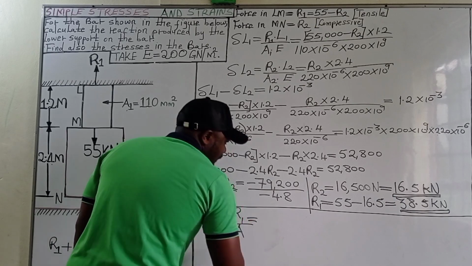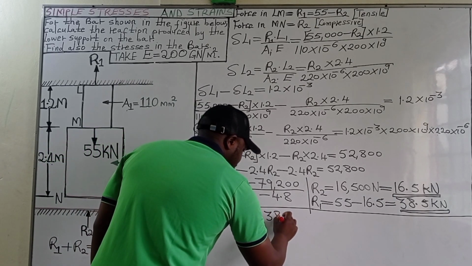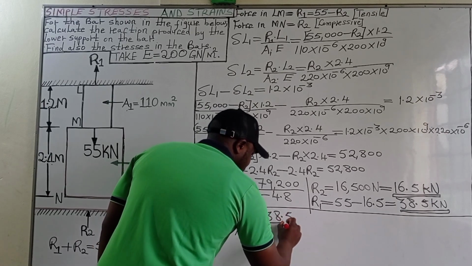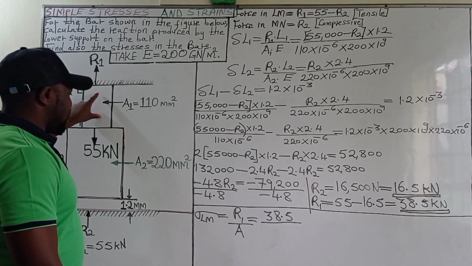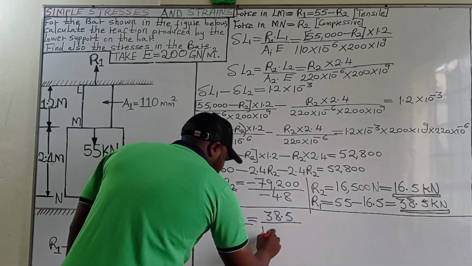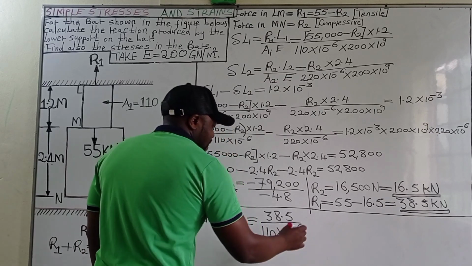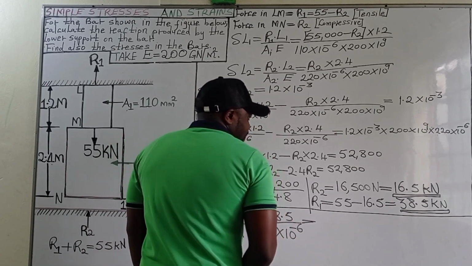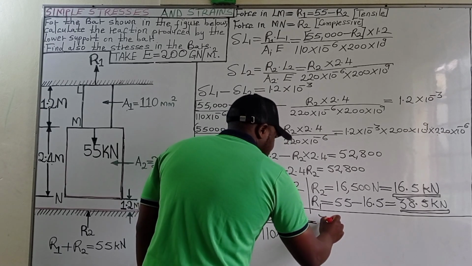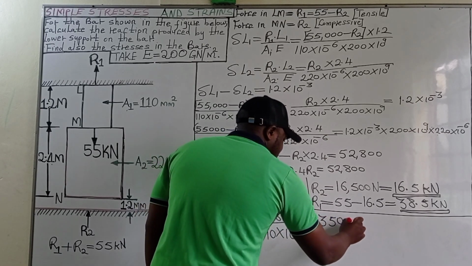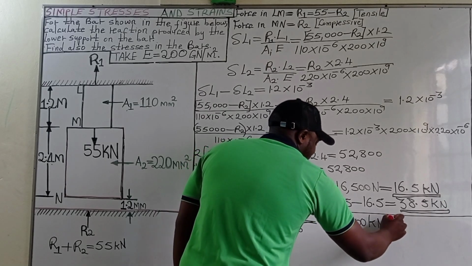In this case, R1 is 38.5 kilonewtons divided by the cross-sectional area of Lm, which is 110 times 10 raised to the power of negative 6. That is going to give us a stress of 350,000 kilonewtons per square meter.